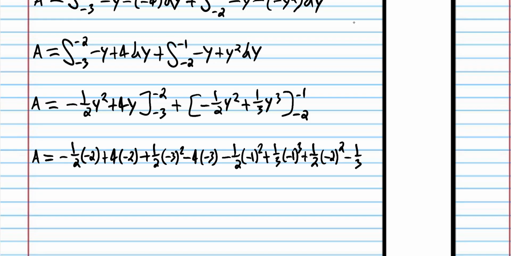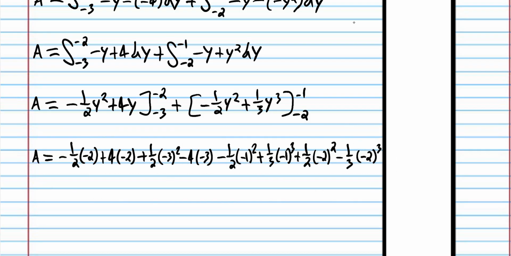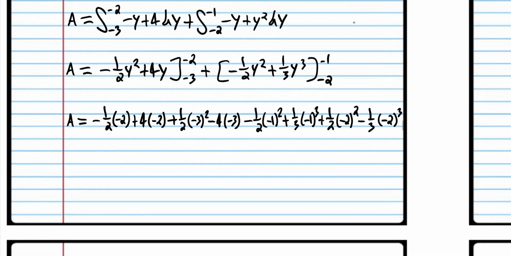We have minus 1/3 negative 2 to the third power. So we get 1 minus 8 minus 9/2 plus 12 minus 1/2 minus 1/3 plus 2 plus 8/3.